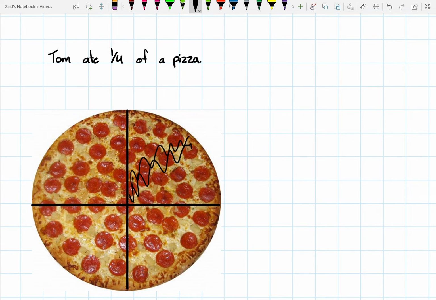So I would have a pizza with 4 slices, and then I would only shade in 1 because he only ate 1 of those 4 slices. So here I am just scribbling through, and this shows how much Tom ate.